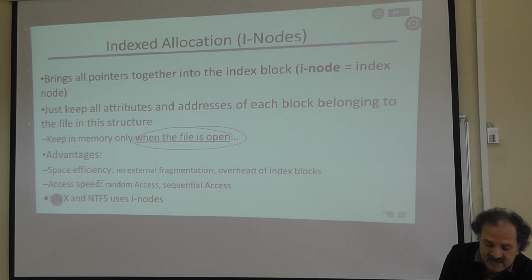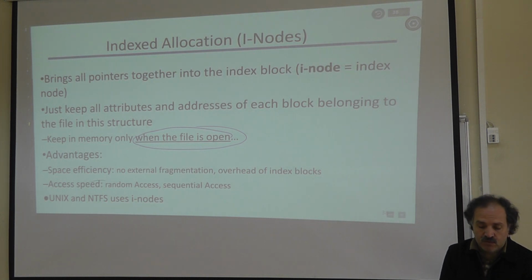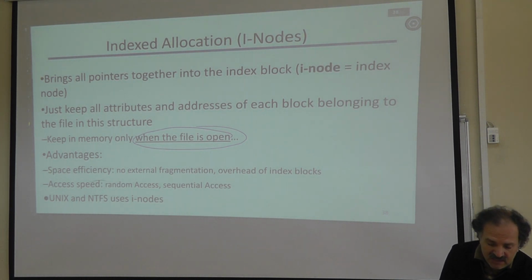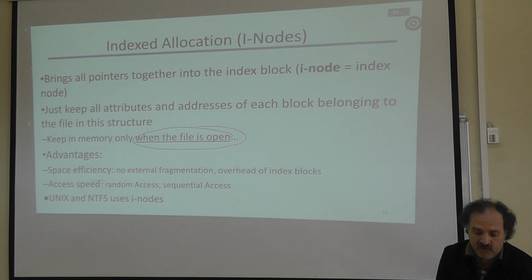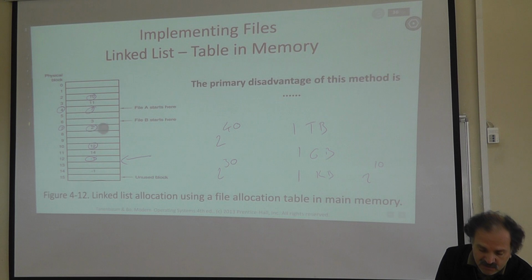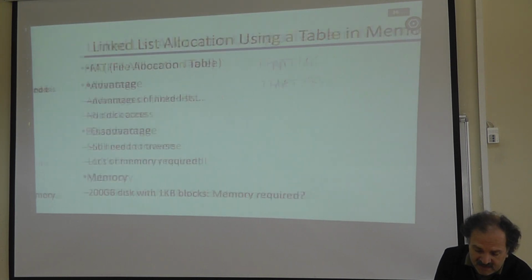UNIX, ext3, ext4, the UNIX file system and the NTFS file system use this approach of inodes. So the Windows system doesn't use file allocation tables anymore, and UNIX, the newer versions of Linux, ext3, ext4, use this kind of approach. It's called inode, similar to this one, but it is used only for the open files.